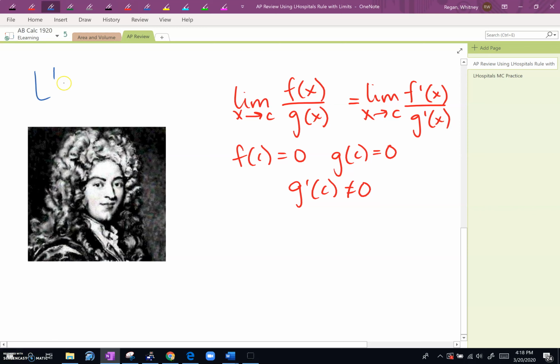So this is L'Hopital's rule, the hospital.